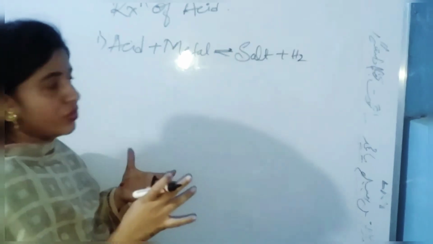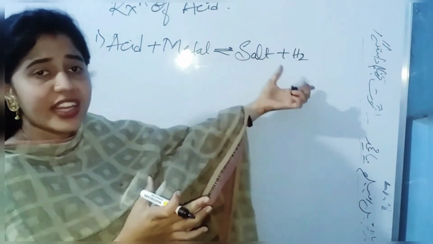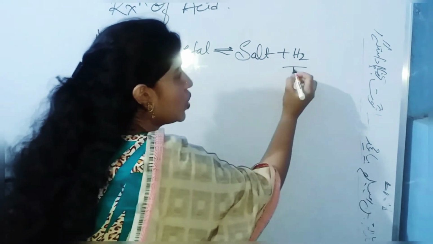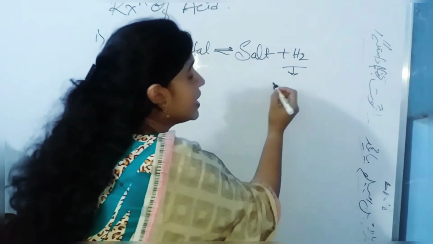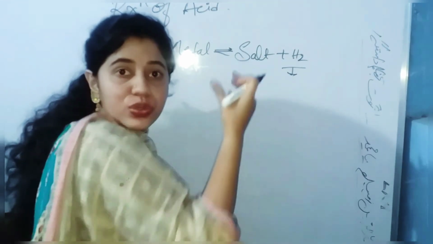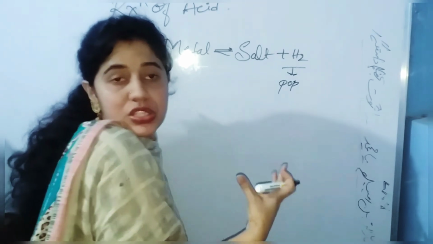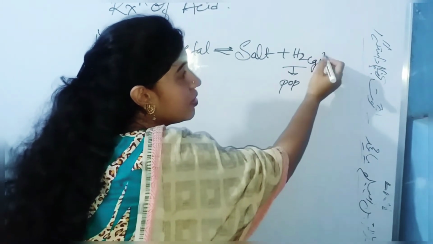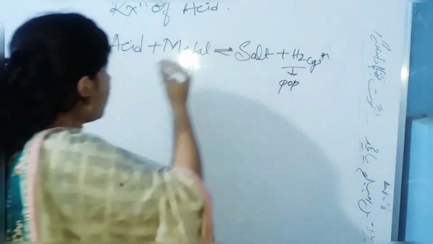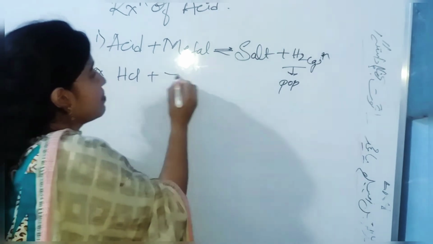This is a well-known reaction in which acid plus metal always forms salt and hydrogen gas. How can we detect it? It can be detected by bringing a burning candle near the reaction. It produces a pop sound, because of which we know that hydrogen gas is released in the reaction.